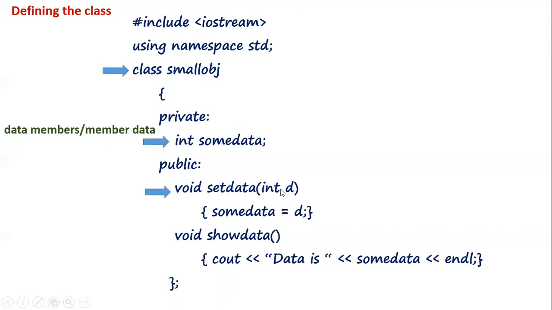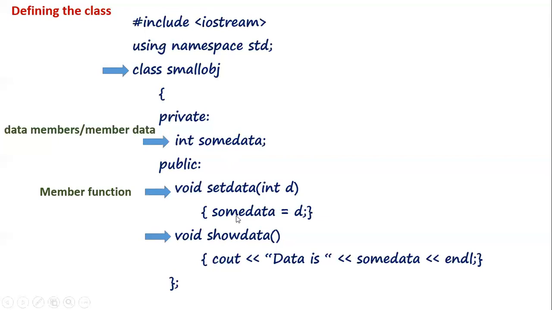It has an argument named d of integer type. Whatever you give as the variable d will be assigned to the variable some data, so some data is equal to d. We call this function a member function. Any function defined under a class is called a member function, so set data is a member function of the class small obj.